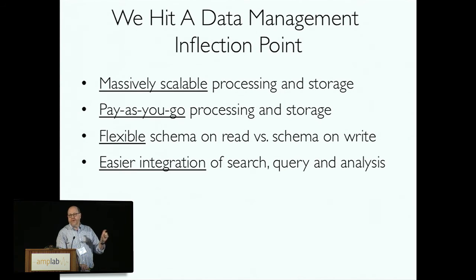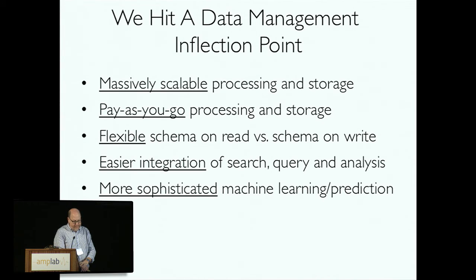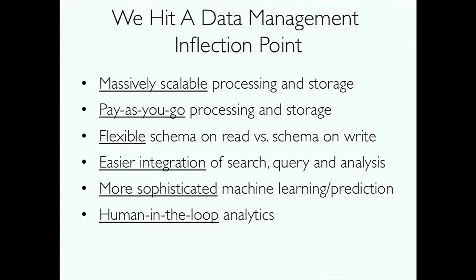People were thinking about integrating lots of different ways of working with the data in their workflows, so it's not just query, it's not just search, it's not just machine learning, but it's all of that stuff together. Machine learning was becoming more mainstream, and more sophisticated methods were being used in the industry. And as I mentioned, the idea of human-in-the-loop analytics was becoming more mainstream as well.